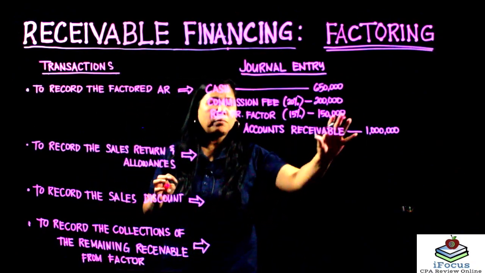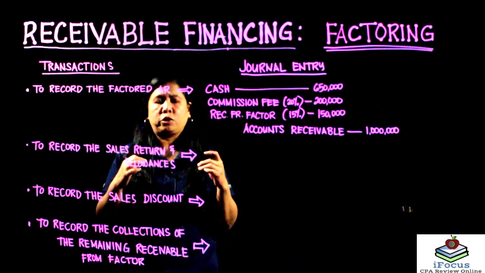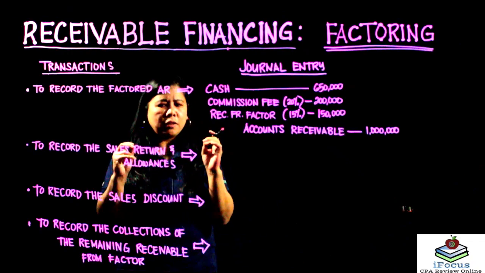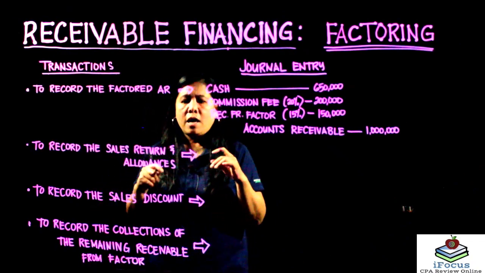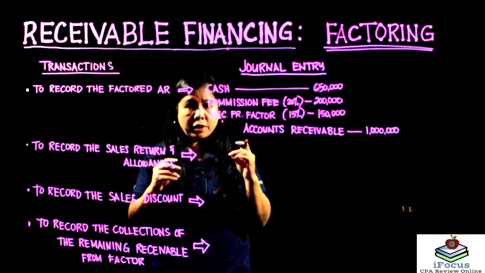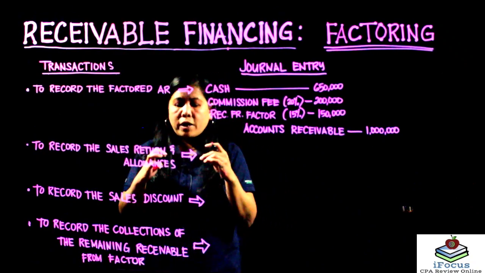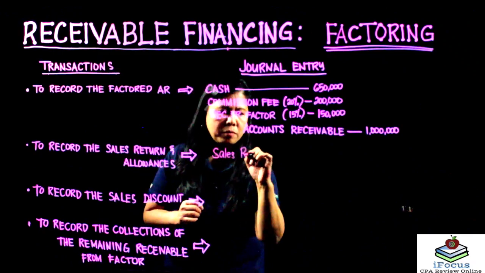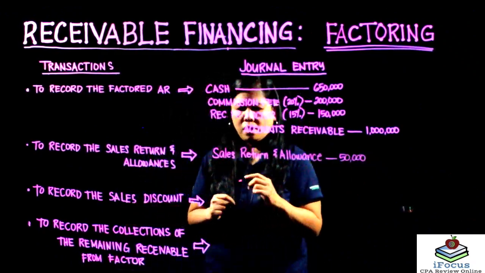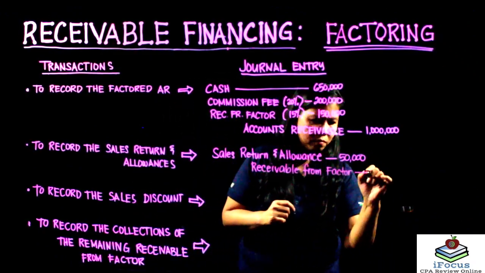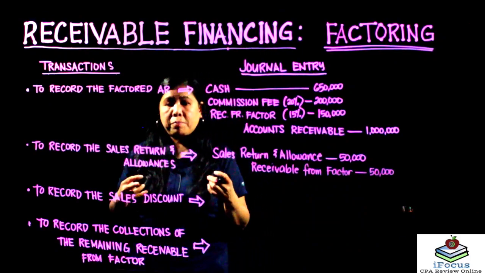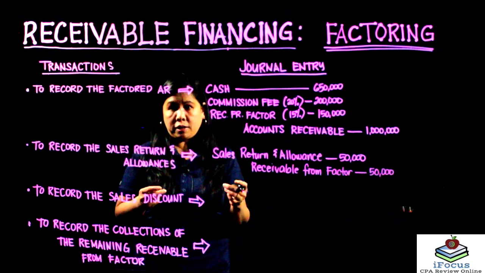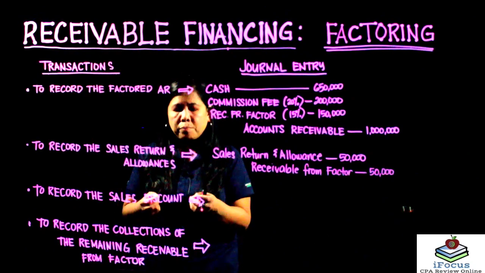Out of this 1 million, mayroong nag-return na customer na, let's say, 50,000. So, i-record natin itong 50,000 as debit to sales return and allowances and credit to receivable from factor. So, that's our entry kapag merong nag-return sa mga customer ng kanilang mga goods or benta ng company.